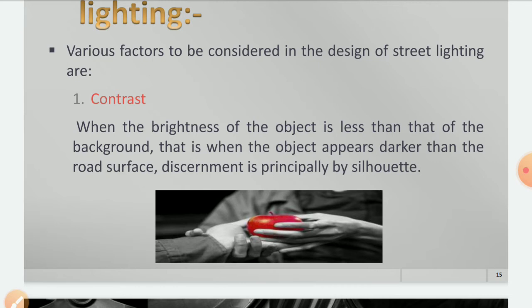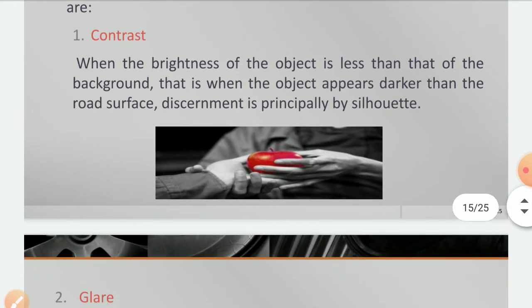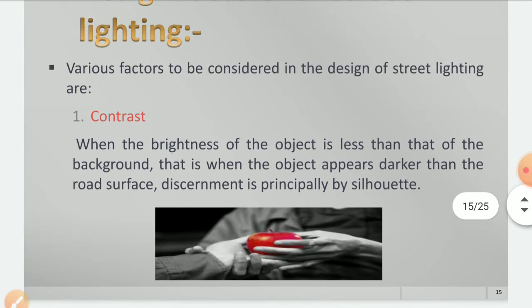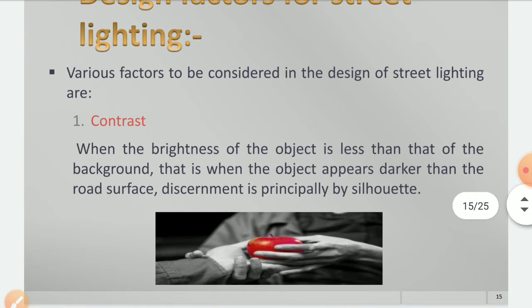If the object is darker than the road surface, then you have to consider that situation also while designing. The contrast of the light should be chosen in such a way that every object on the road is clearly visible to the observer. Okay, that's one thing.